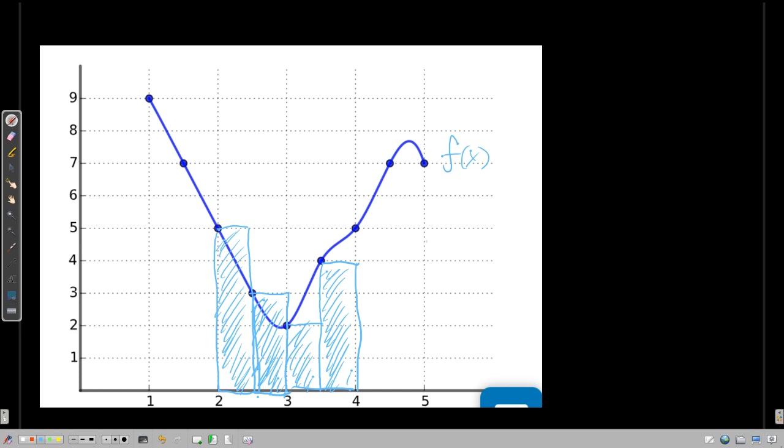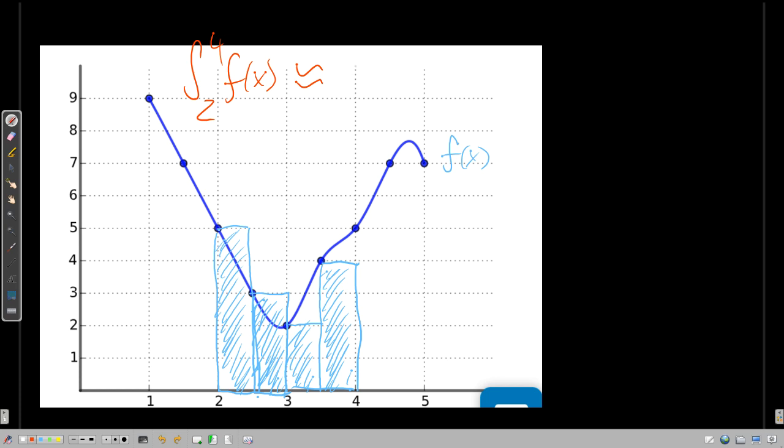So what am I trying to approximate? I'm trying to approximate the integral from 2 to 4 of f of x. It is approximately the height of the first rectangle. What is the height of the first rectangle?